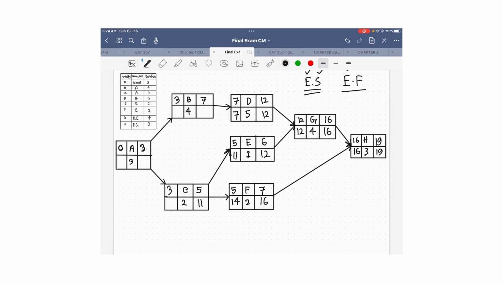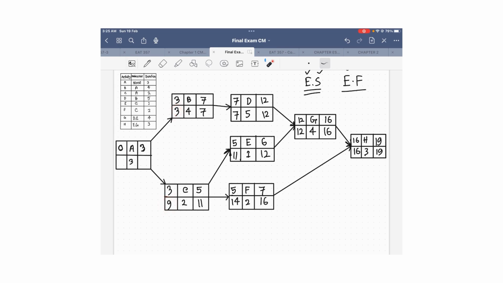11 minus 2, if I subtract, I get 9. And then in this case I have 7, and 7 minus 4, if I subtract, I get 3. In this case, B and C depend on A. So what numbers can I take? We have the 3 and we have the 9.